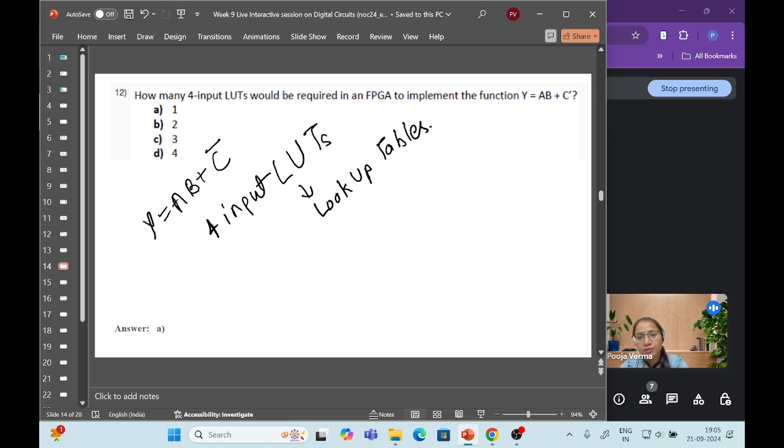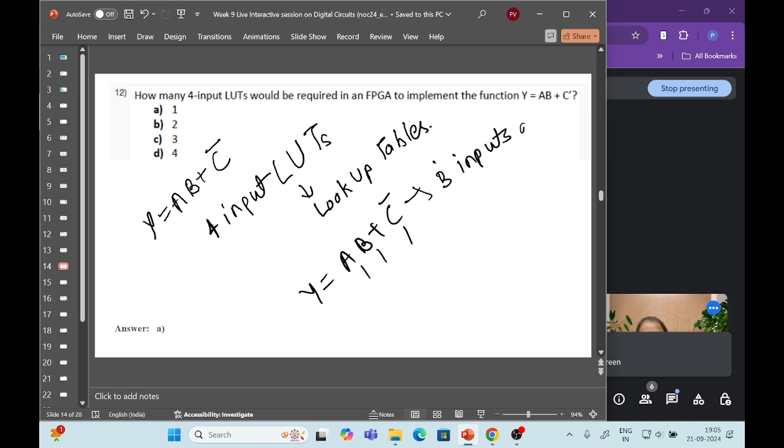So 4 input means 4 inputs are there. A 4 input lookup table is a lookup table with 4 inputs. Basically, it is a circuit that can implement any function of 4 inputs and one output. Here Y is equal to AB plus C dash is given. How many variables are there? 1, 2, 3. Only 3 inputs are involved, but we can implement up to 4 inputs. So how many lookup tables are required?